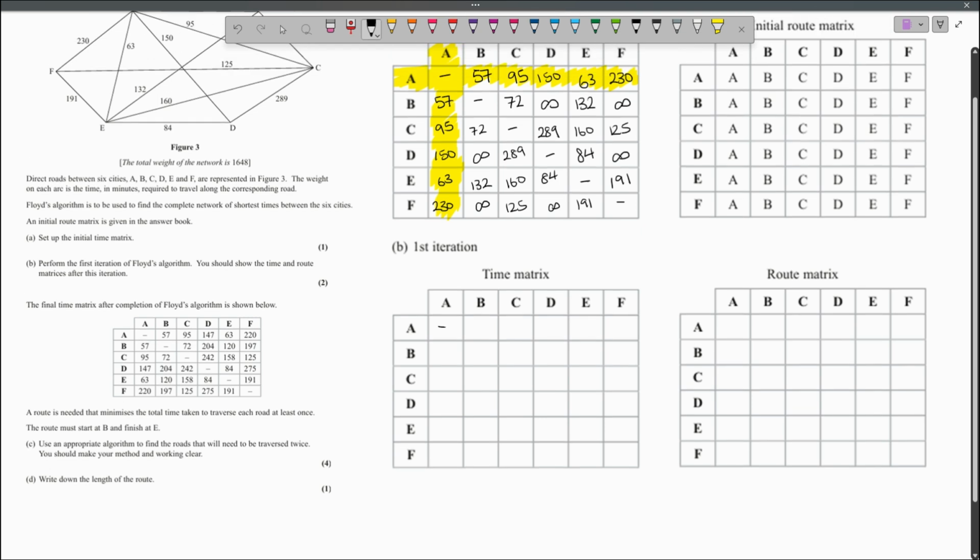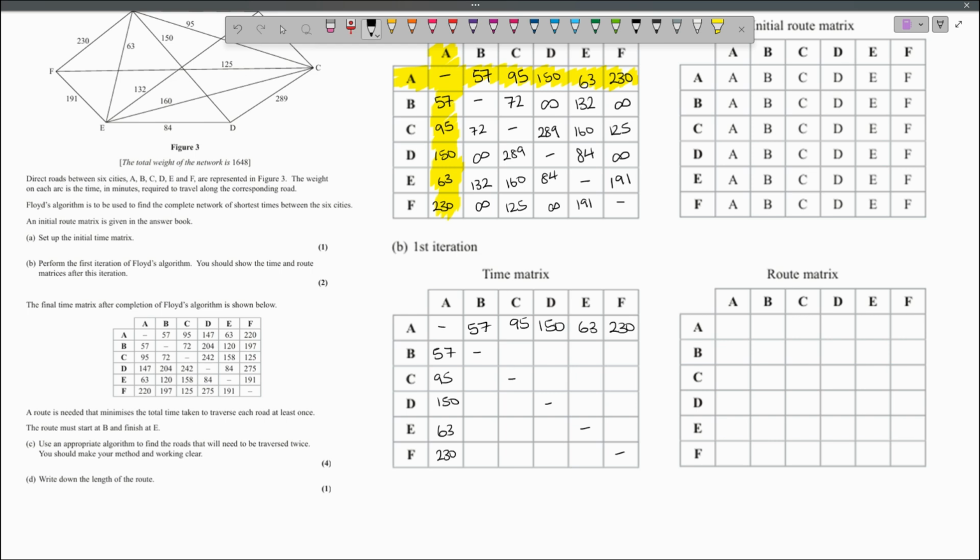And again, the leading diagonal are all going to be dashes. So I can copy these values down.